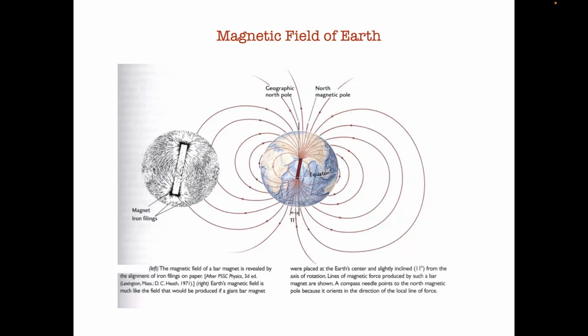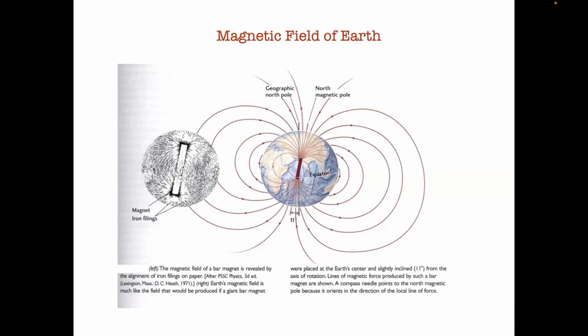To understand how the magnetic field is created, I just need to put some iron pins on a piece of paper, put a magnetic bar in the middle, and spread the iron pins. When the magnetic field is created, they will align in a proper north-south alignment, showing where the magnetic field forms.